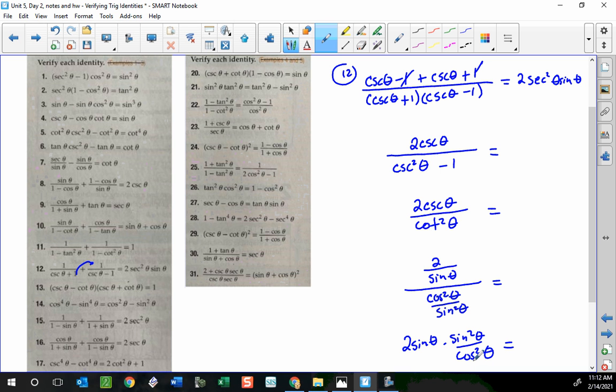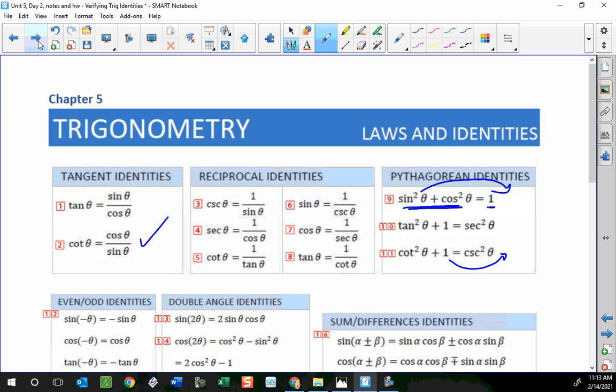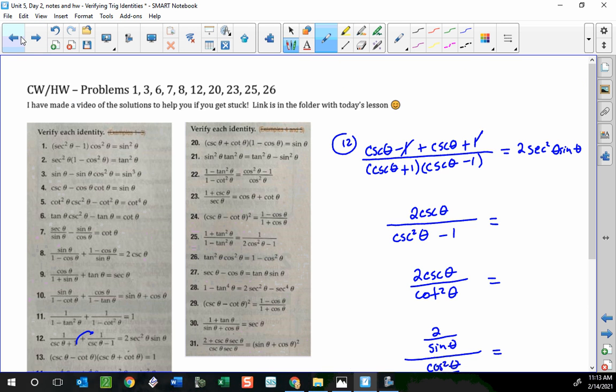I have that. Did I write this wrong? Number 12? Secant squared times sine. Look at it, sine squared. Hang on. Cosecant squared minus 1 is cotangent squared. All right, let's take a look.